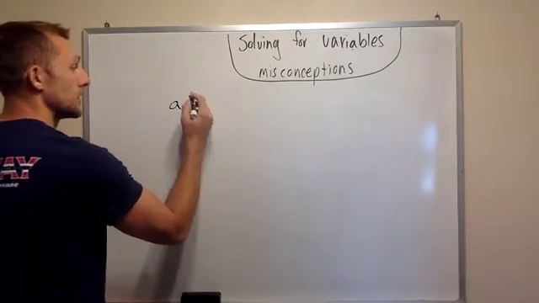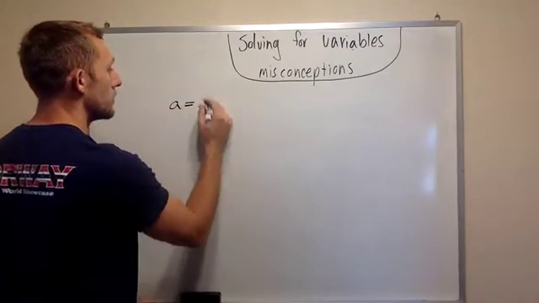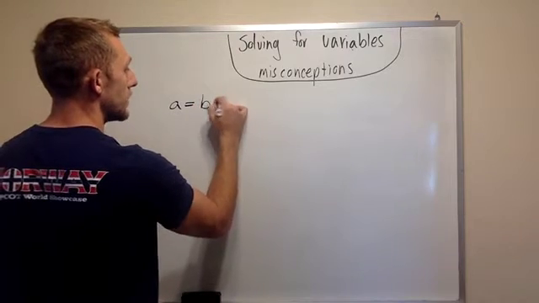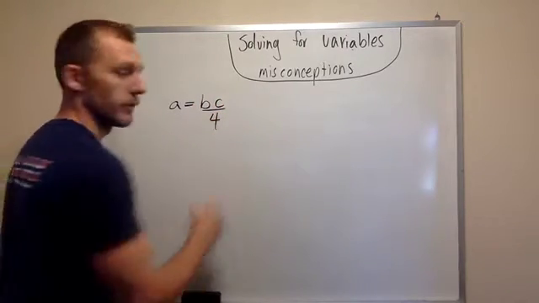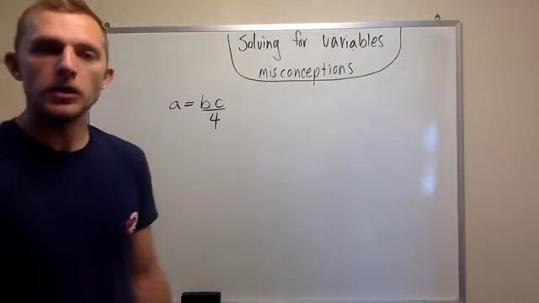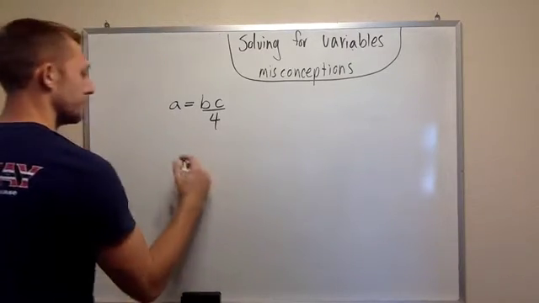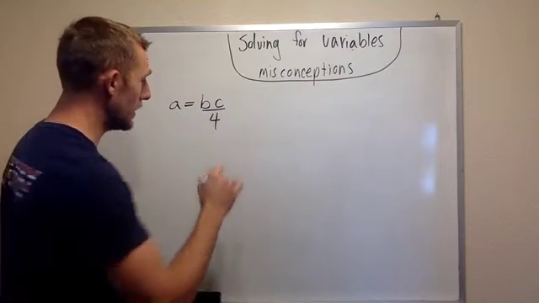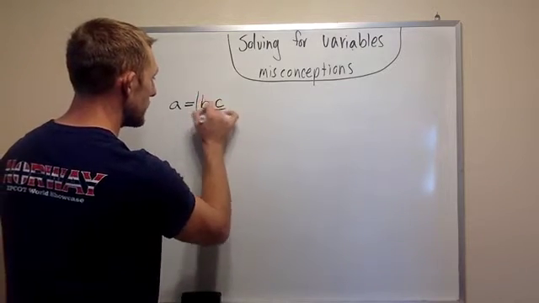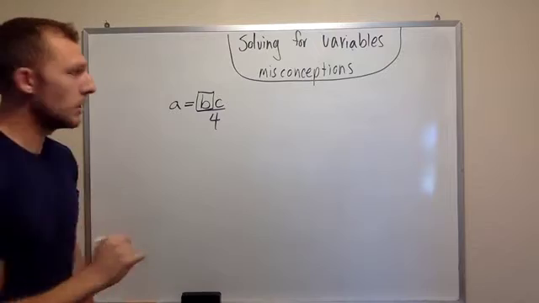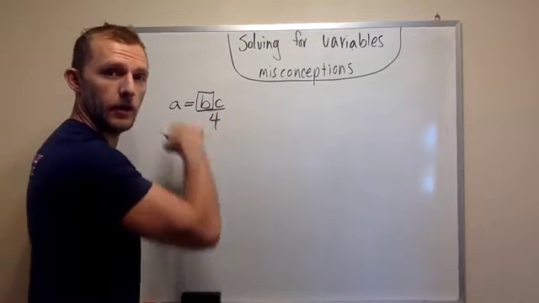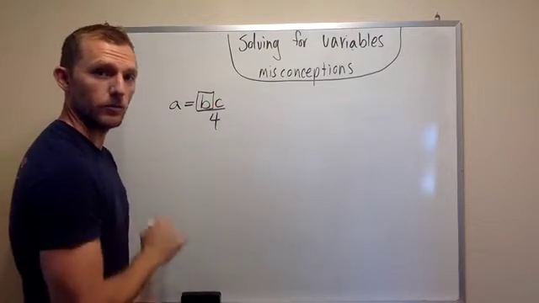So it was something similar to A equals B times C all over 4. Something similar, okay? So I wanted you to solve for B, okay? So I need to get B on its own, right? If I need to get B on its own, we have to figure out a way of getting rid of C and 4, right?